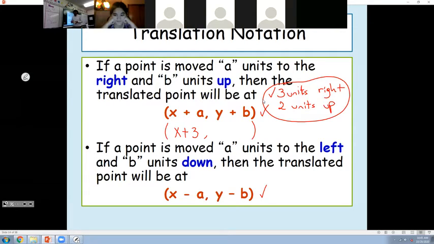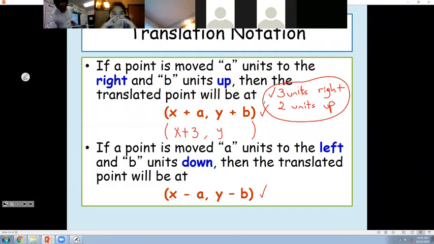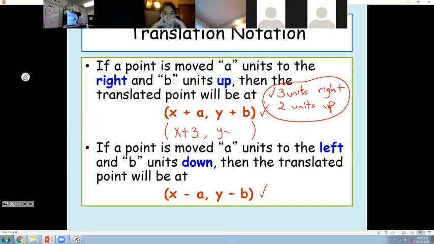If you want to go up, am I supposed to use the x-axis or y-axis? Y-axis. Yes, that's correct. You want to go up, right? So, if you go up, is it positive or negative? Let's say your grades are going up. Is it good or bad? Good. So it is plus 2.